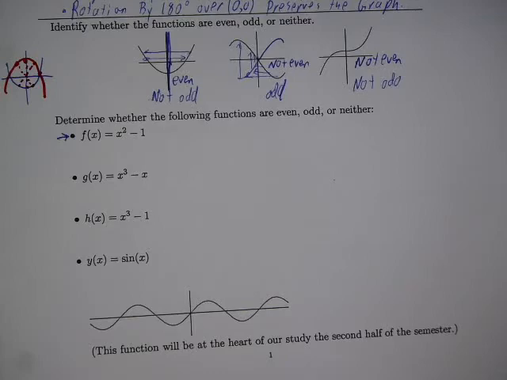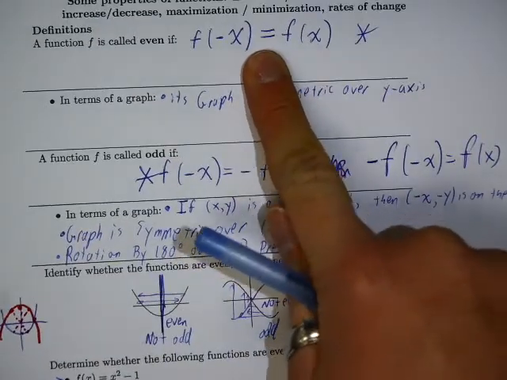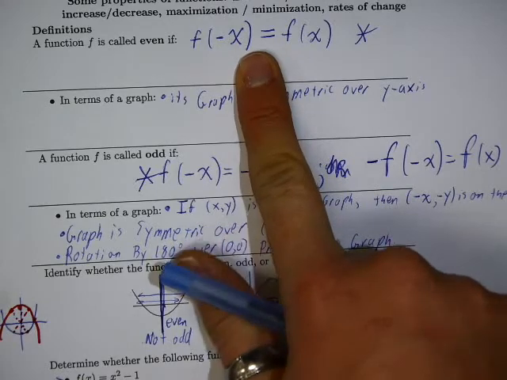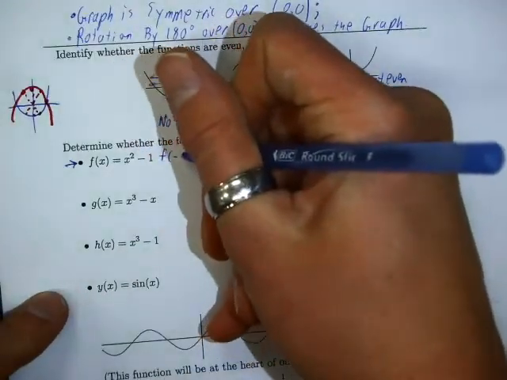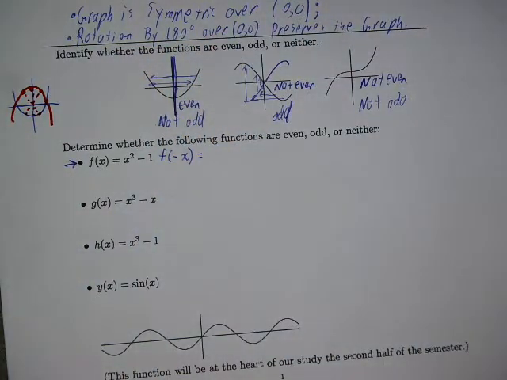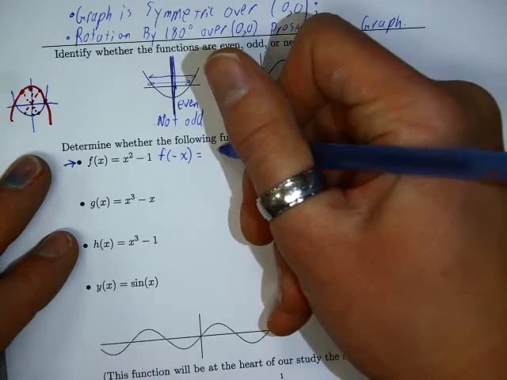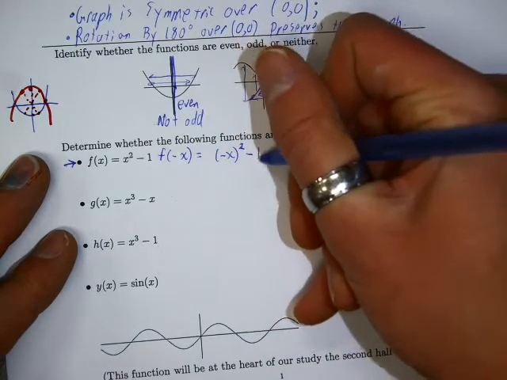Let's see if this is even using this definition. That means I need to see if f of negative x is the same thing as f of x. So f of negative x just means you replace all the x's with negative x's. What'll you get? You'll get negative x quantity squared minus 1.